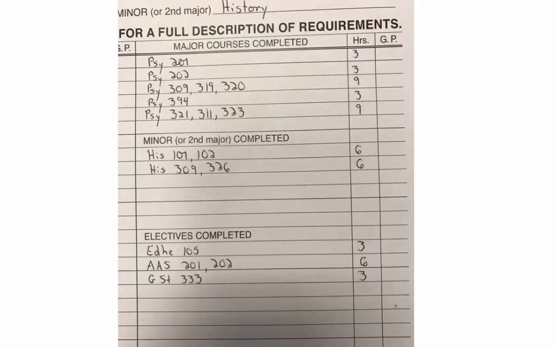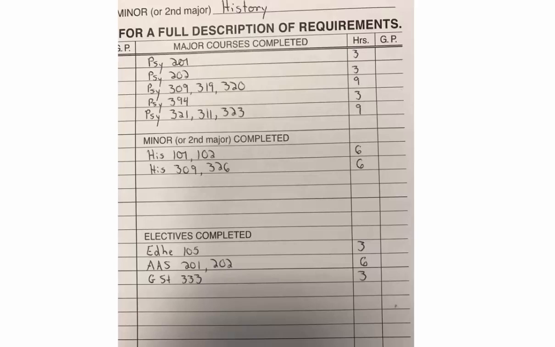And finally, any courses that do not go directly towards your general education, major or minor, will go under the electives completed. Make sure you use a unique line for each prefix. So the student took EDHE, only 1 EDHE class, so they write that on one line. They took 2 African American Studies classes, so they can combine those onto one line, and 1 additional Gender Studies class.